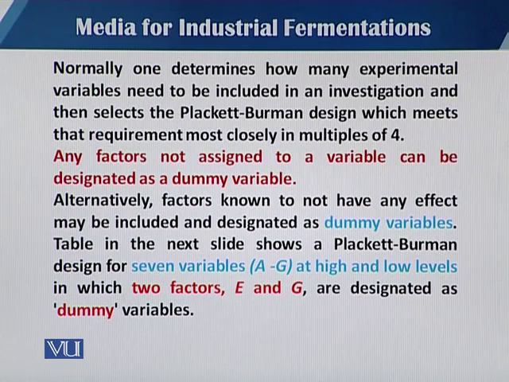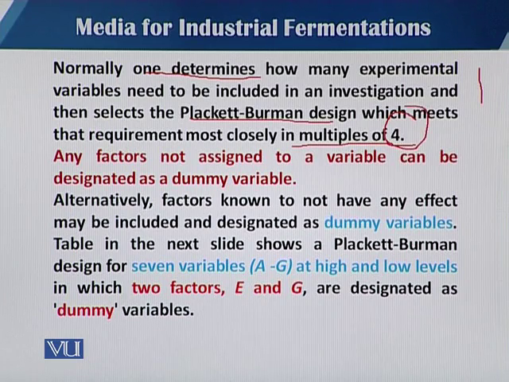Normally one determines how many experimental variables need to be included in any investigation, then selects the Plackett-Burman design which meets the requirement most closely to the multiple of 4. Any factors not assigned to variables should be designated as dummy variables.